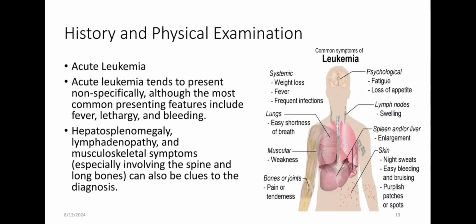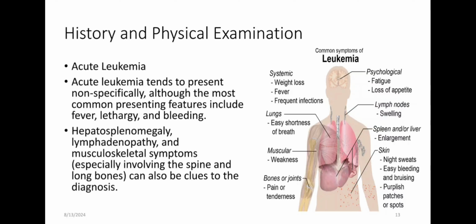History and physical examination. Acute leukemias tend to present non-specifically. Although when we look at the features, the most common presenting features include fever, lethargy, and bleeding. Hepatosplenomegaly, lymphadenopathy, and musculoskeletal symptoms, especially those involving the spine and long bones, can also be clues to the diagnosis.